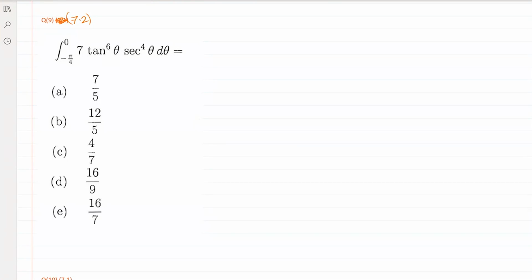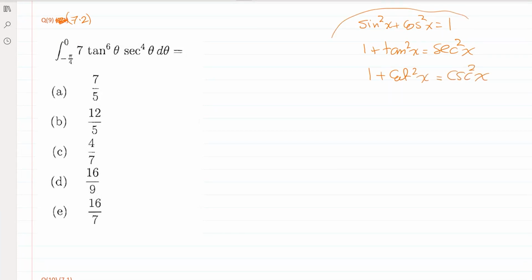We have sine square x plus cosine square x equals 1, or 1 plus tan square x equals secant square x, or 1 plus cotan square x equals cosecant square x. So you need to think how to simplify this question in such a way to use some Pythagorean identity.